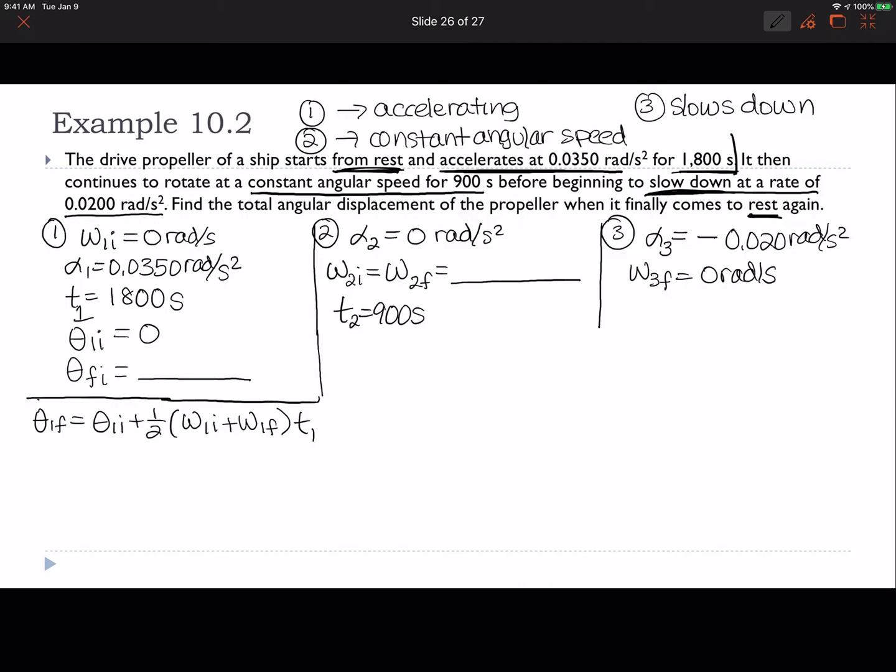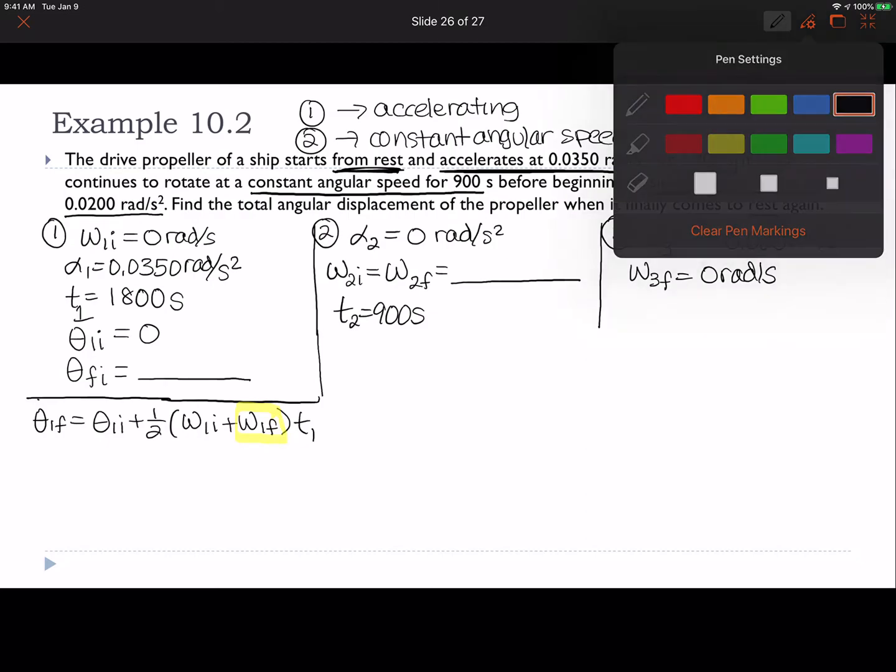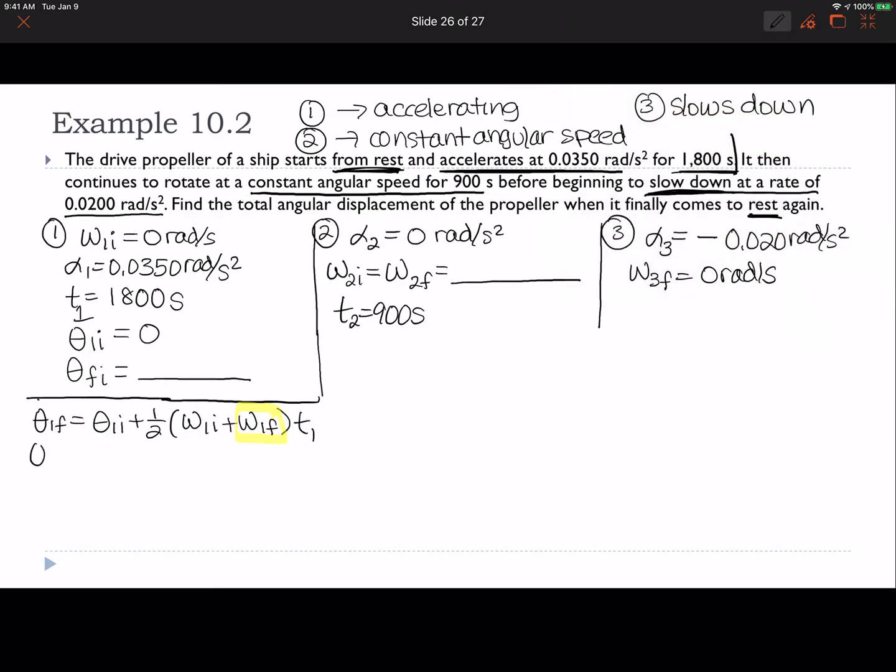So now I have a problem, right? Because I wasn't thinking ahead, and I don't know what the final angular velocity is. So I actually need to go with a different expression. I can use the fact that the final angular position is the initial position plus the initial angular velocity times the time plus 1/2 the angular acceleration times the time squared.